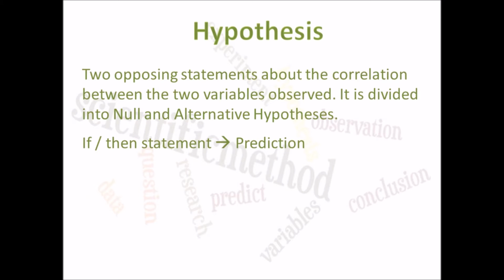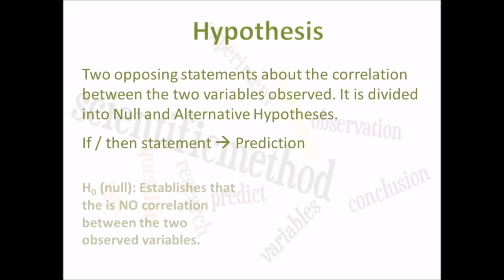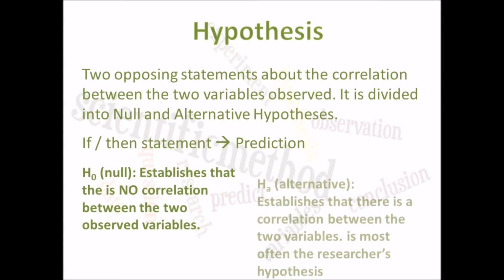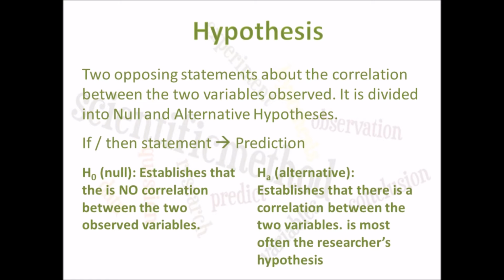An if and then statement is defined in science as a prediction, not as a hypothesis itself. It is a prediction based on your hypotheses. Your null hypothesis is going to state that there is no relationship between the two factors being observed, and your alternative hypothesis is going to state that one of them affects directly the other one.